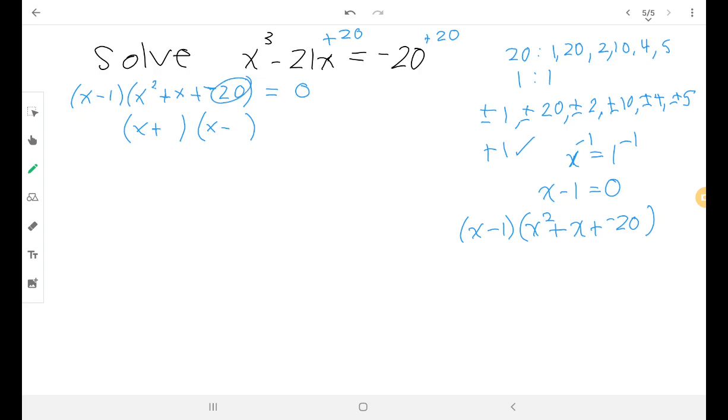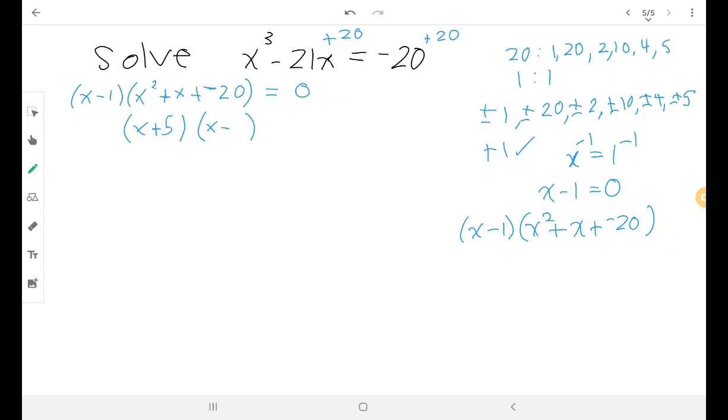And then you need factors of this number that do this to make the number here, which is a 1. So I need two numbers that multiply to make 20 and subtract to make 1. And those numbers are 4 and 5. 5 times 4 is 20. 5 minus 4 is 1. And then the larger number goes with this sign right here.